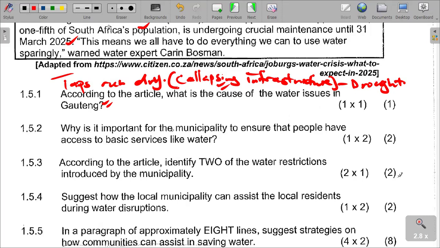Why is it important for municipalities to ensure that there is access to water as a basic service? One, what we need to understand is that water is a constitutional right.